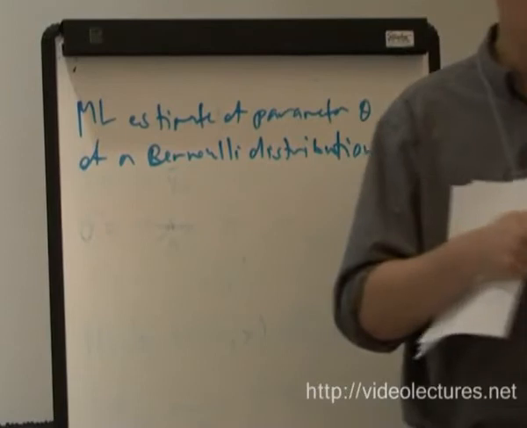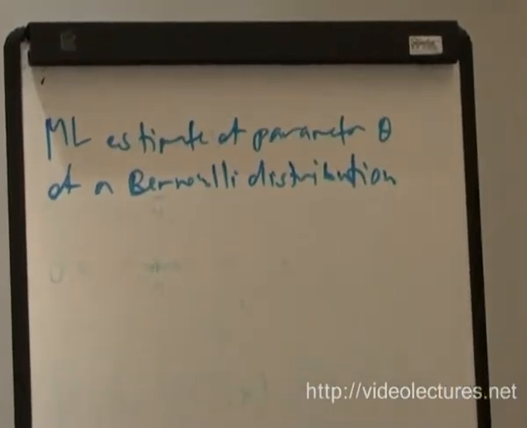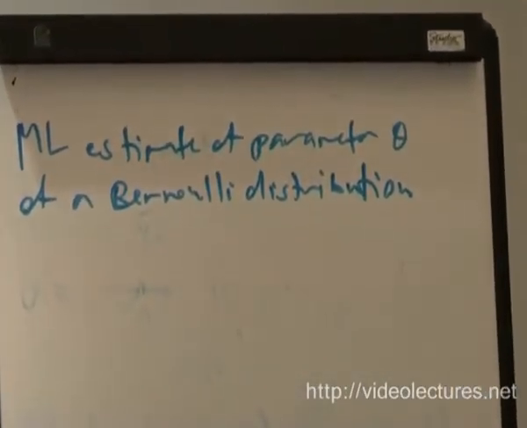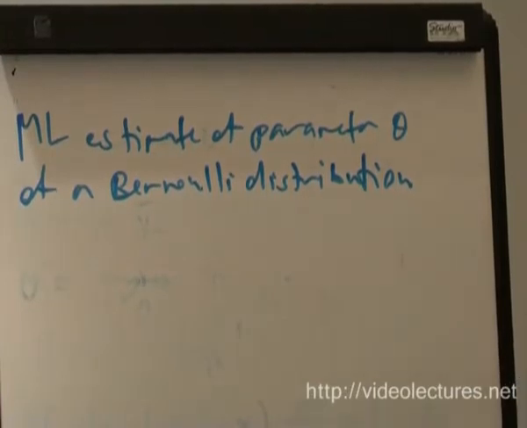What's a Bernoulli distribution? It's a coin flip. And so it's a special case of a binomial distribution. A binomial distribution is the distribution of the number of successes if you do n coin flips. And the Bernoulli distribution is the number of successes if you do a single coin flip, so n equals 1.